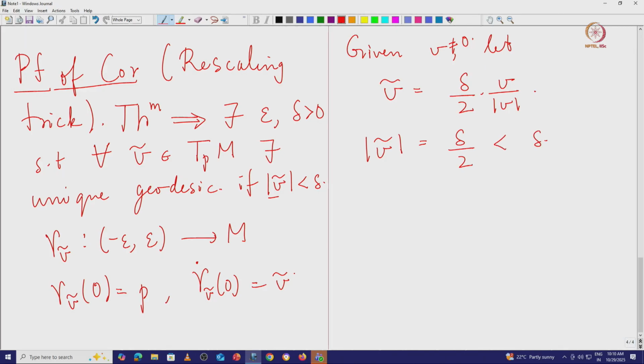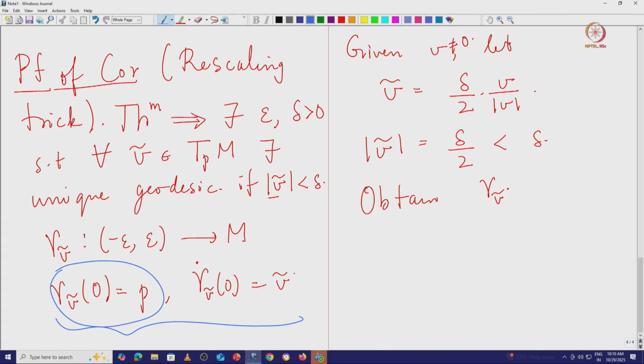So I can apply my theorem to this v tilde and I obtain this geodesic gamma v tilde. But gamma v tilde satisfies these initial conditions. So this is of course fine, but the initial velocity is now v tilde, right. I want a geodesic with initial velocity v. So what do you do? You basically again just reparameterize your curve, remembering to do it in an affine linear fashion so that it still remains a geodesic.